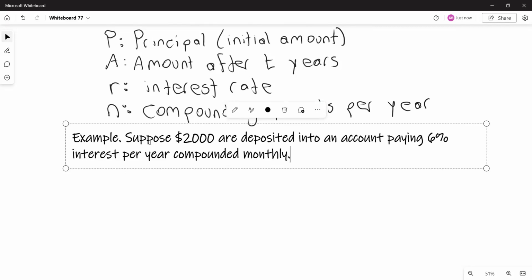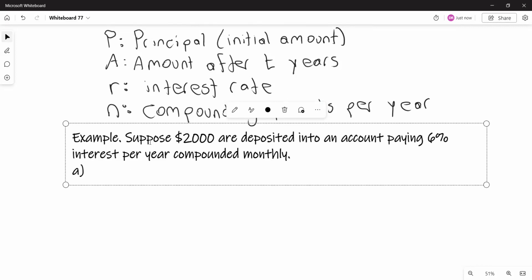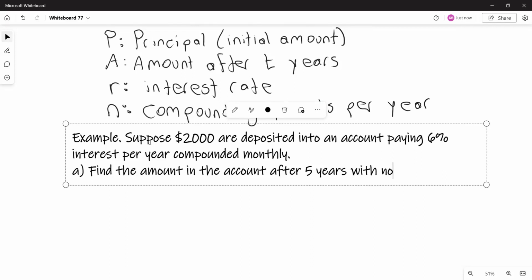Okay. This has 2 questions. Let's first find the amount in the account after 5 years with no withdrawals.